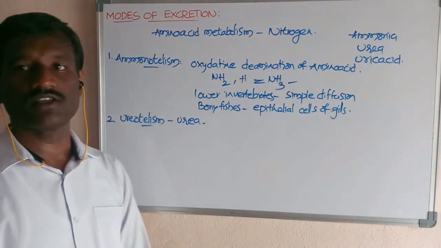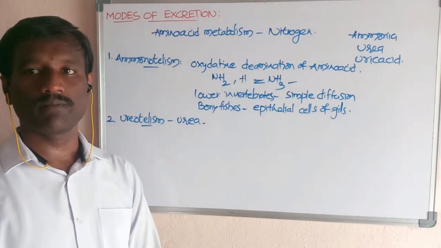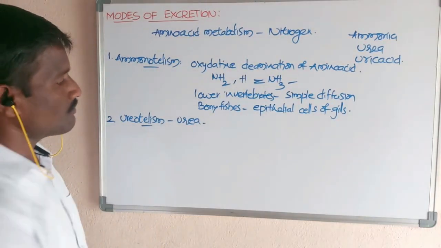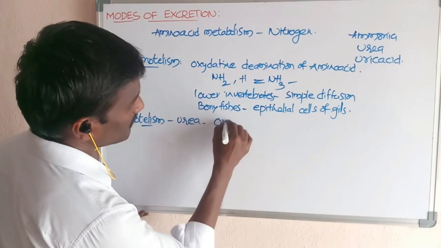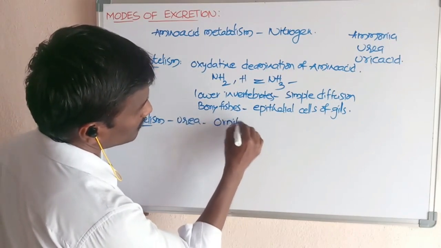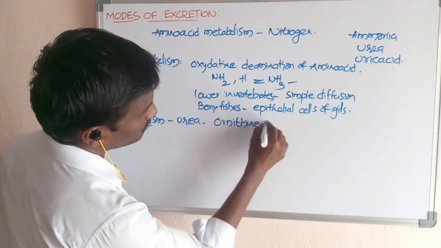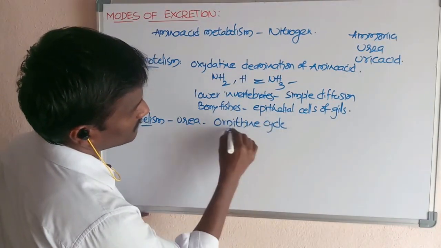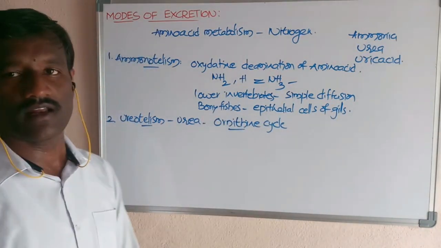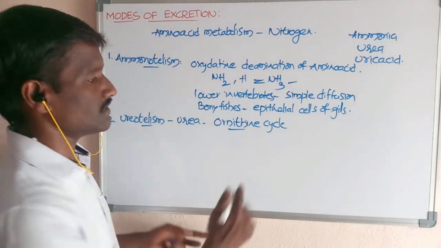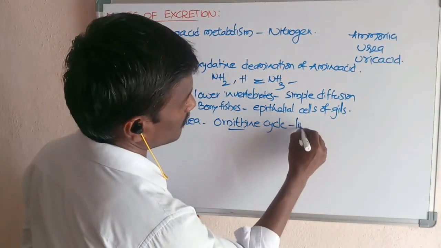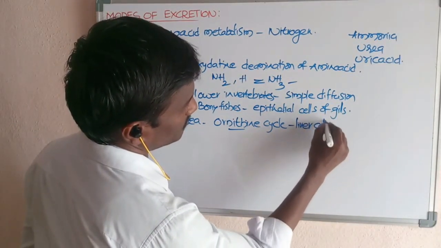What is the process involved in the formation of urea? It is formed by the ornithine cycle, which occurs in the liver cells of vertebrates.